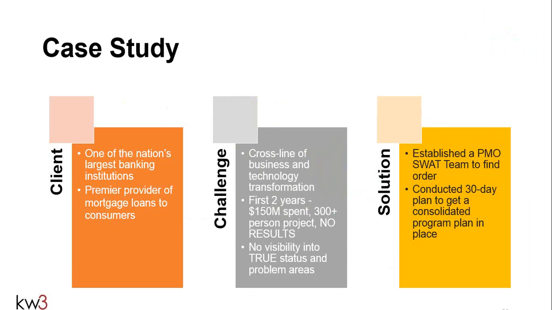So we came in and established a PMO SWAT team, and our charter within the first 30 days was to create some semblance of an overall program plan across business and technology, which was a huge feat just given that both these organizations weren't talking apples to apples.